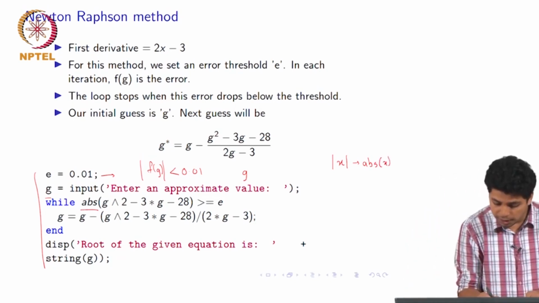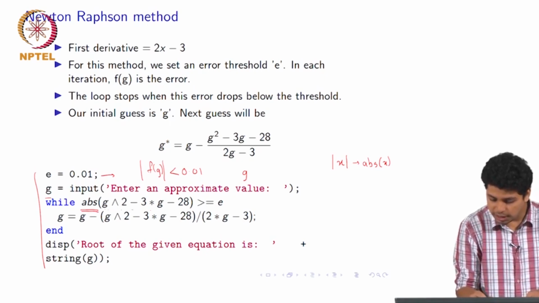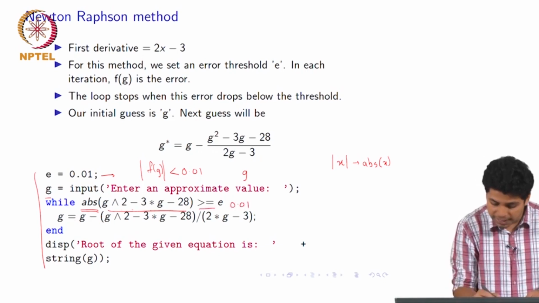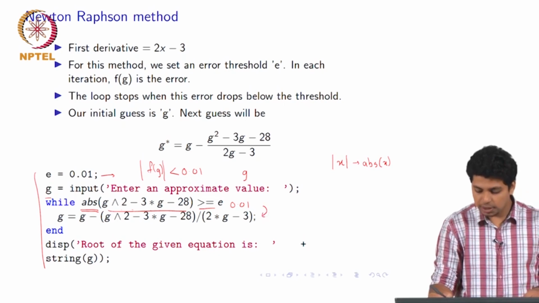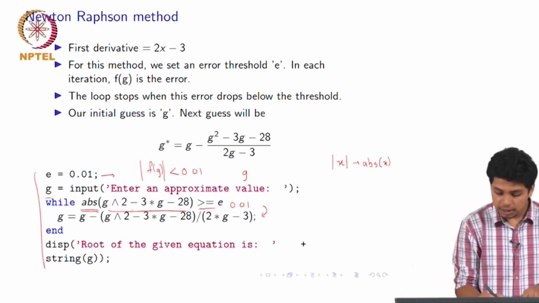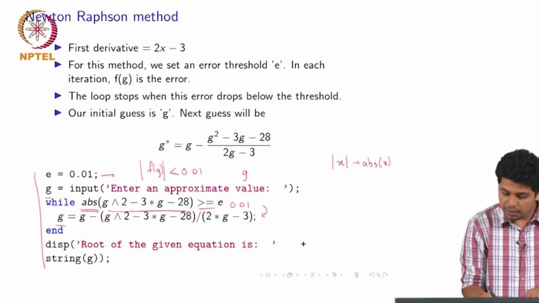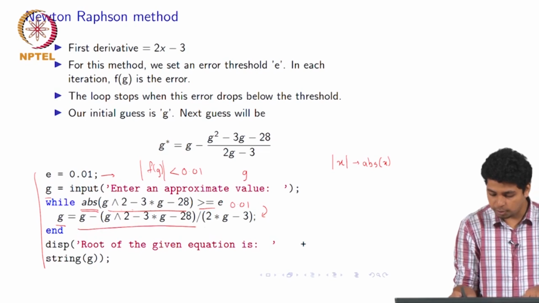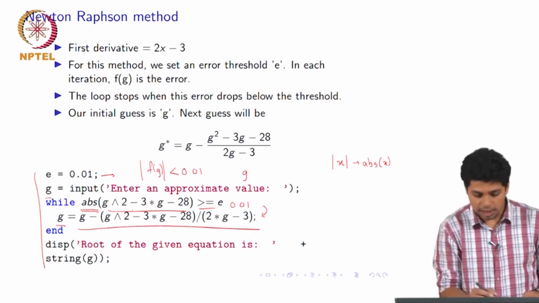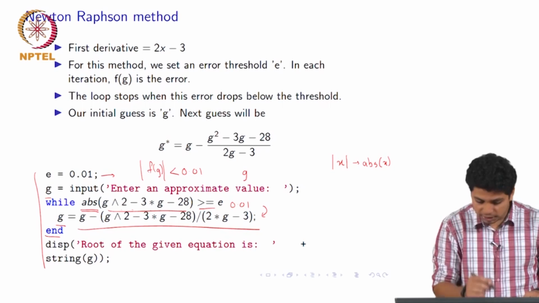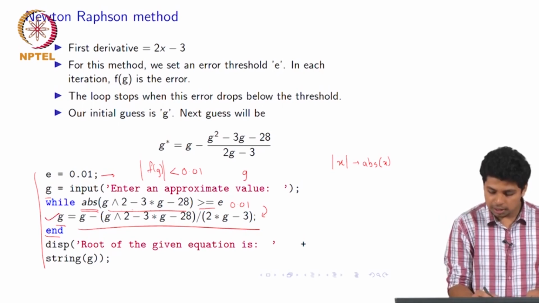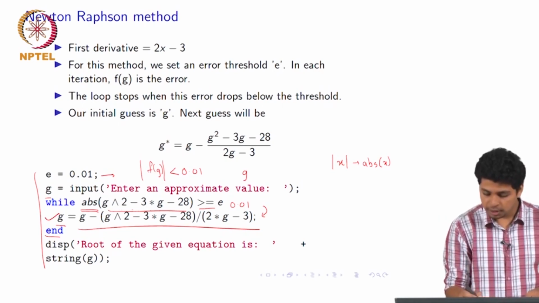So if the absolute value of g square minus 3g minus 28 is greater than or equal to 0.01, then these statements will be executed. Then what we do is we update the value of g, and the formula that we use is the Newton-Raphson formula. This is how we execute the Newton-Raphson formula, and then we end. So this particular statement will be executed as long as the absolute value of the function is greater than e.